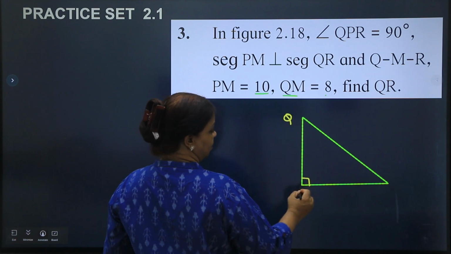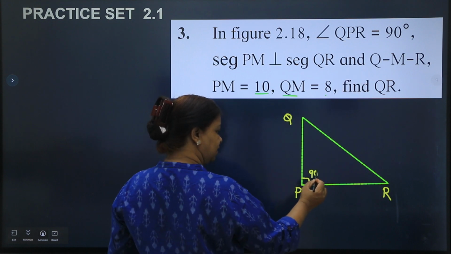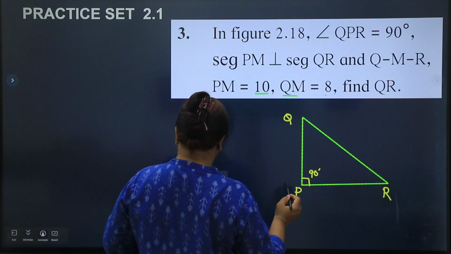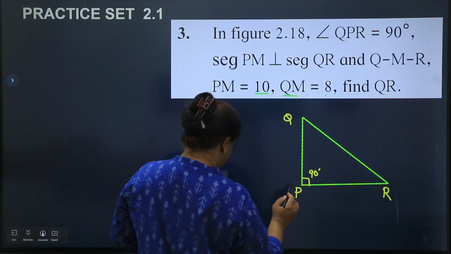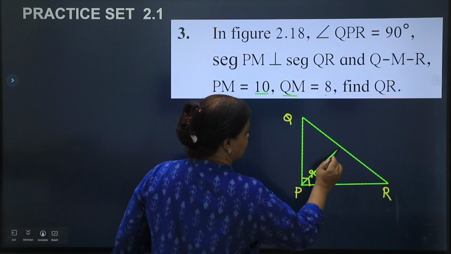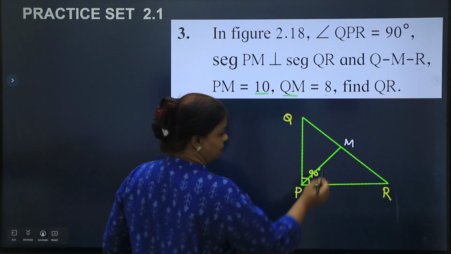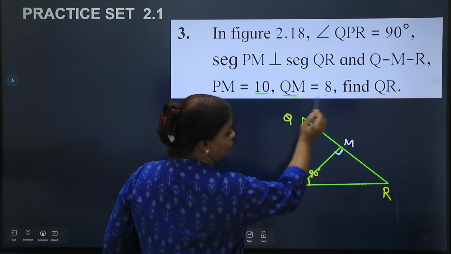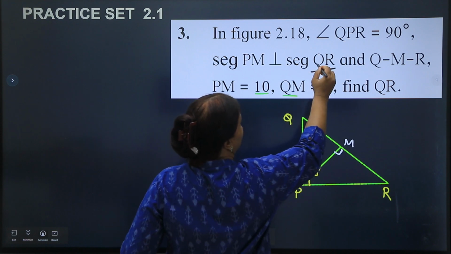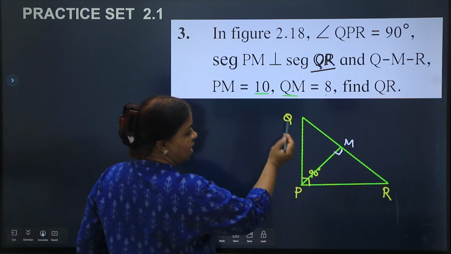Q, P, R is given 90 degree. Clear? Segment PM is perpendicular to QR, given here. QMR in one line.